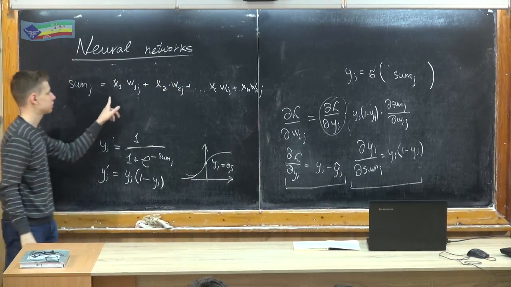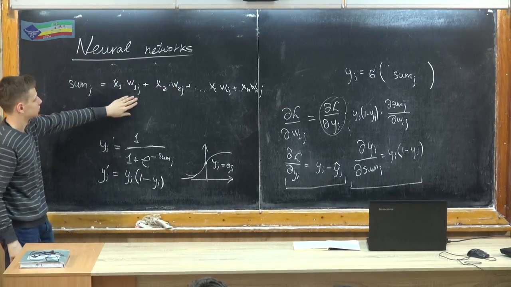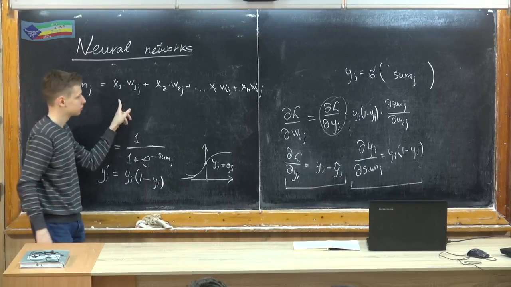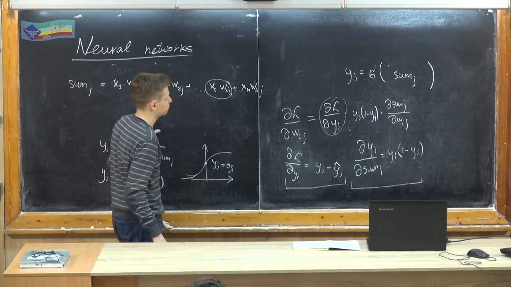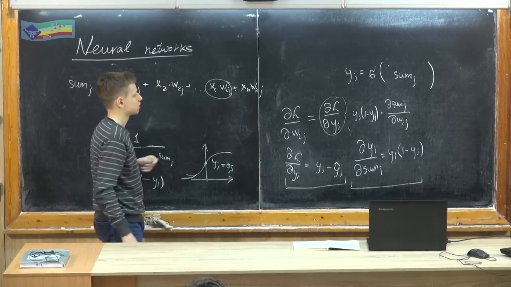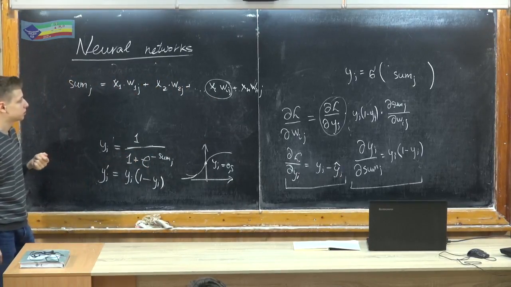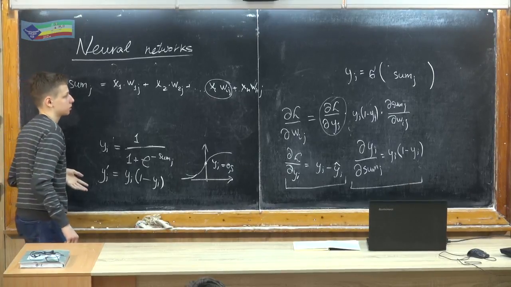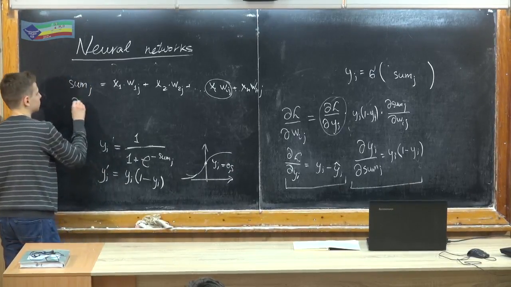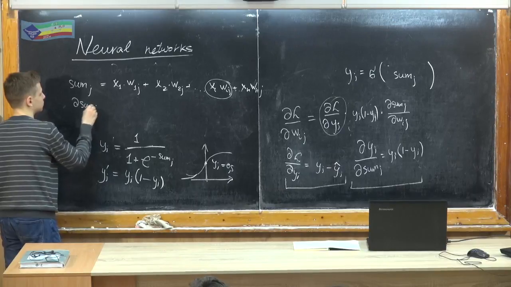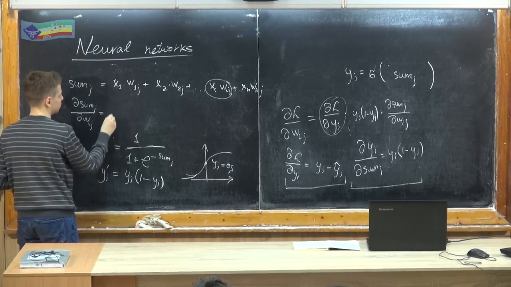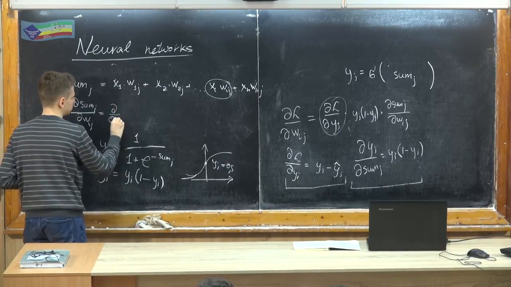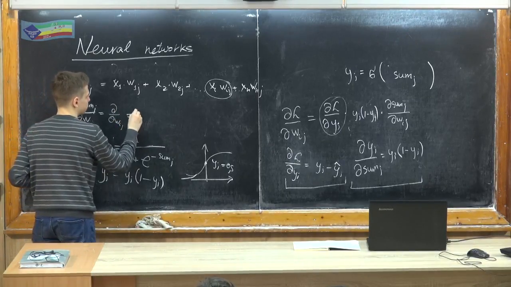And you can see that all other variables are just constants, and we are taking the partial derivative with respect to wij, so all other variables can be treated as constants. This partial derivative will be just equal to the partial derivative of this simple expression.